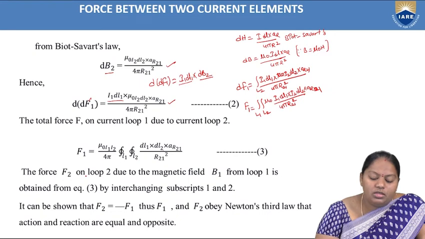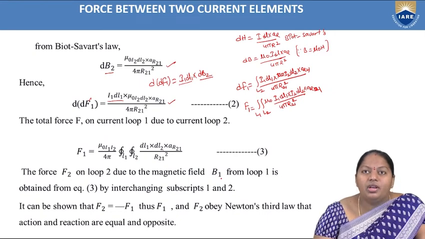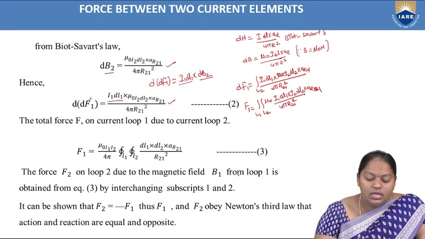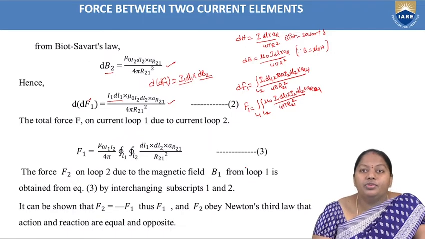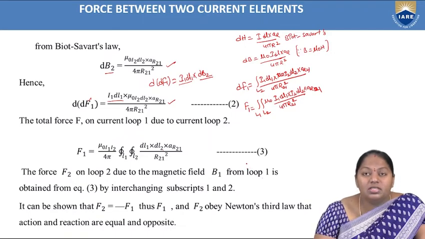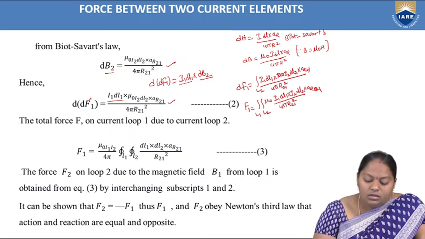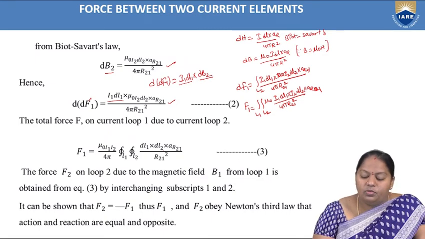The force F2 on loop 2 due to the magnetic field B1 from loop 1 is obtained from the same equation by interchanging the subscripts 1 and 2. So it can be shown that F2 equals minus F1, which is similar in analogy to Coulomb's law. Thus F1 and F2 obey Newton's third law, that is, action and reaction are equal and opposite.